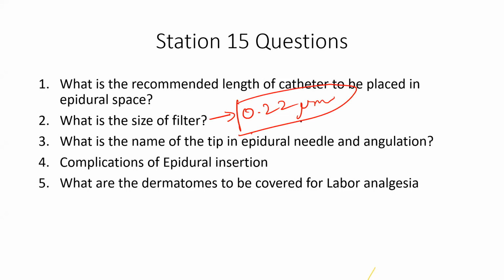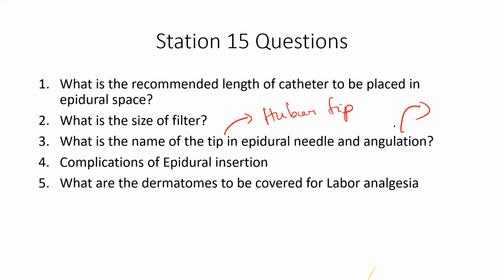What is the name of the tip of the epidural needle and what is the angulation? Tuohy is the needle name. I'm asking the tip name. Huber's tip. Okay, it is Huber's tip. And what is the angulation? 20 degrees.